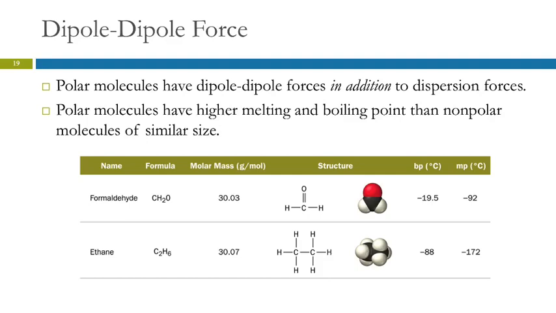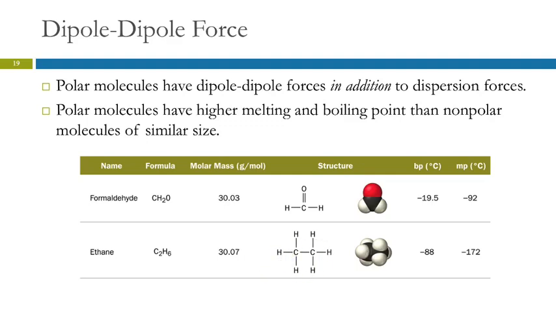So polar molecules have dipole-dipole forces. This is in addition to dispersion forces. And so we see that polar molecules have higher melting and boiling points than nonpolar molecules of similar size. So here we're going to compare formaldehyde and ethane. Their molar masses are almost identical. So here's their structures. For ethane, we see that there's 2 carbons in the middle and hydrogens around.